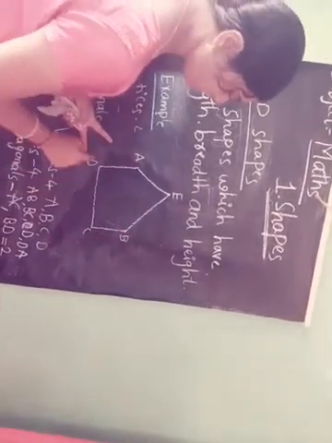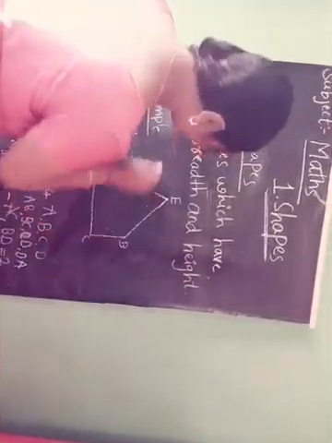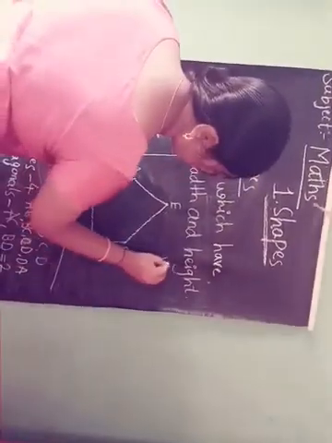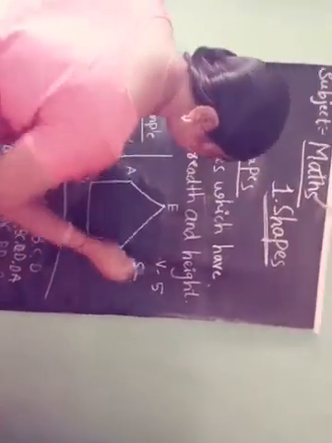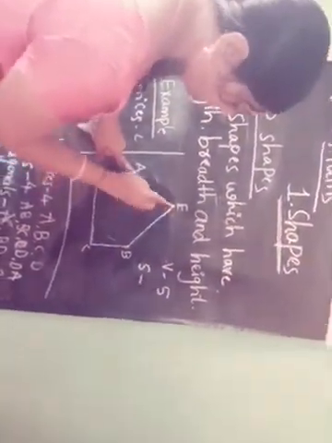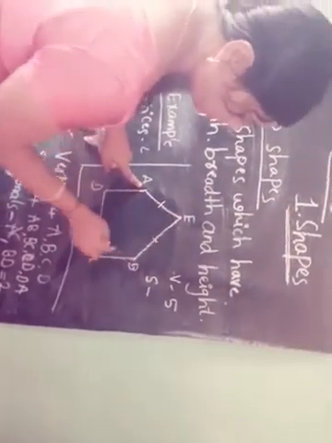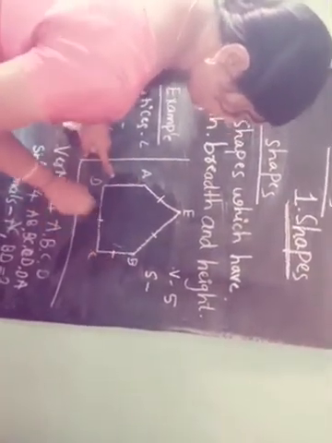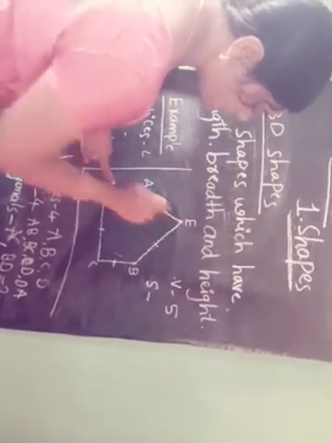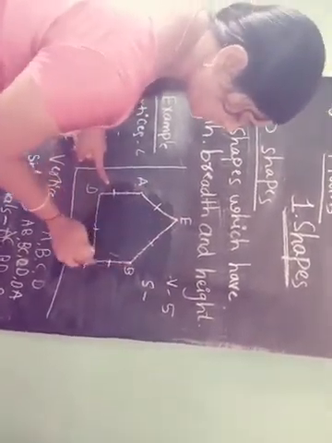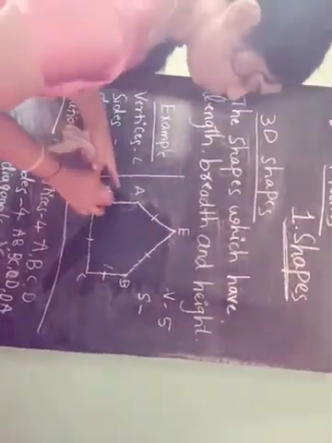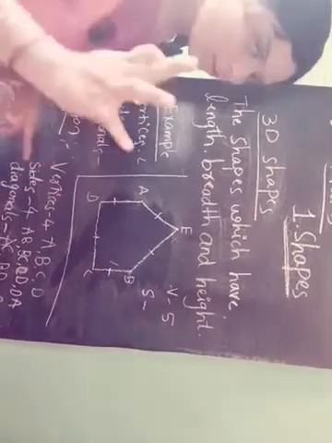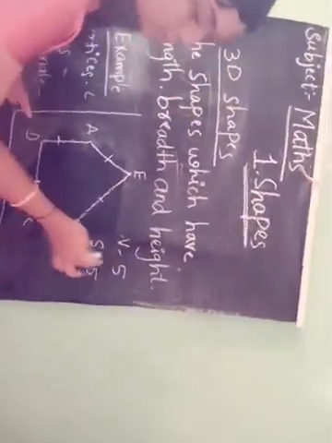A, B, C, D, E. Sides: A to E one side, E to B, B to C, C to D, D to A. That is AE, EB, BC, CD, DA. How many sides? 1, 2, 3, 4, 5. 5 sides. Now it has 5 vertices and 5 sides.